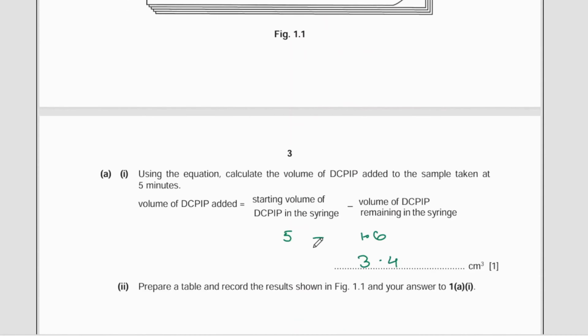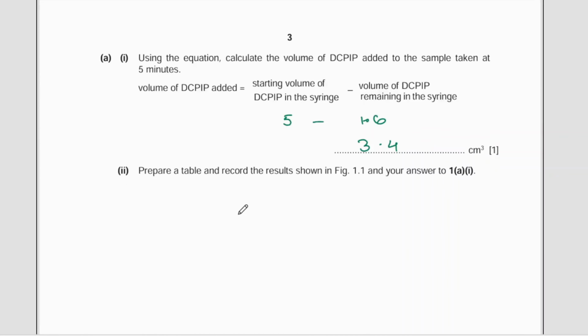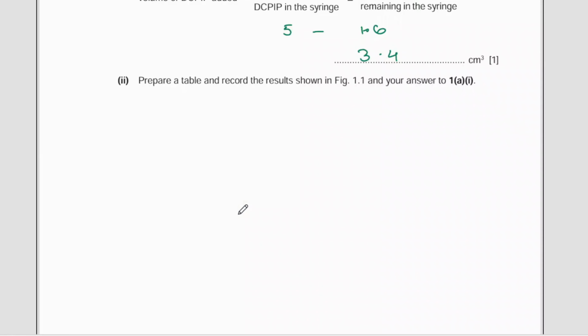Yes, yes. So prepare a table and record your result. What happened? Okay, just make a continuous table.